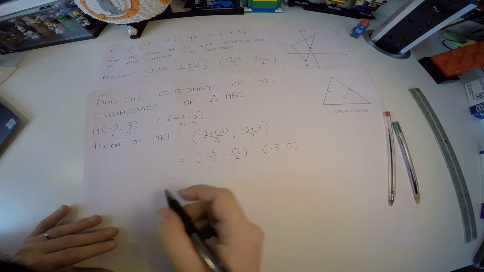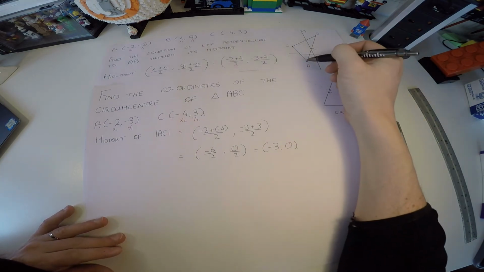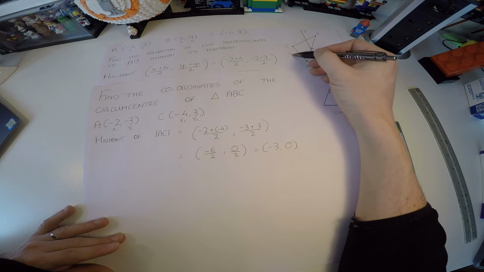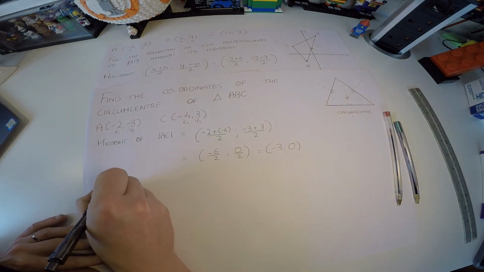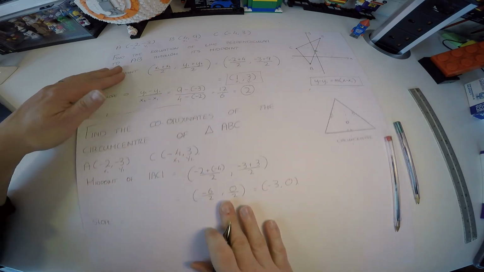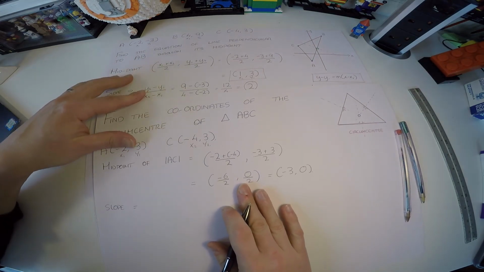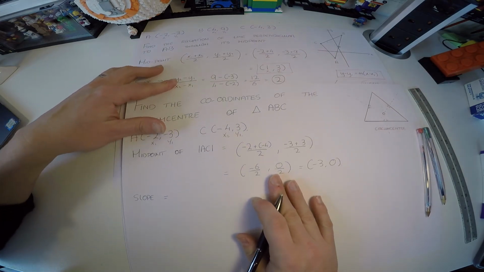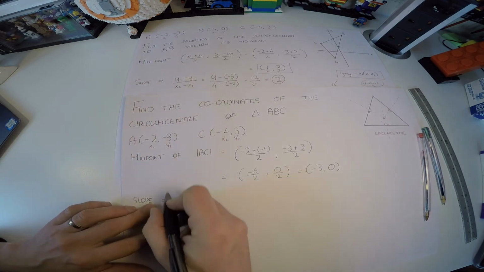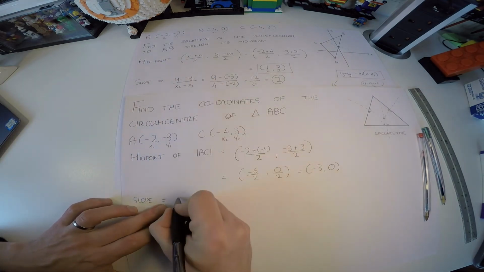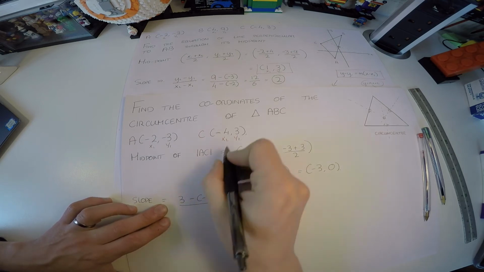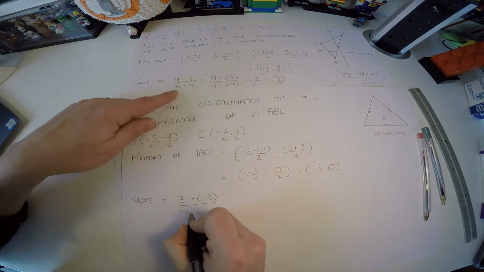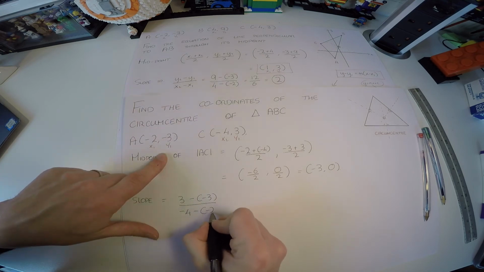Now let's find the slope of A to C. And when we find the slope from A to C, we're looking for that perpendicular slope for this line. So our slope here is going to be equal to, and let's remember, it's y2 minus y1 over x2 minus x1. So slope: y2, so 3 minus y1, minus minus 3, over x2 minus x1, which is minus 2.